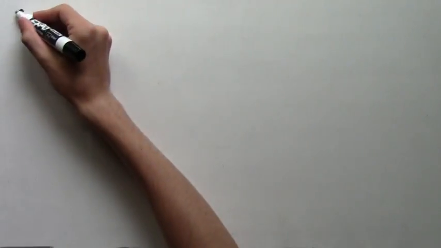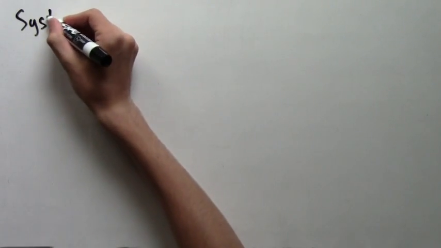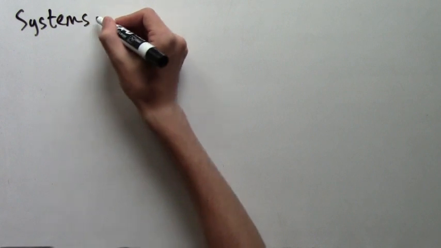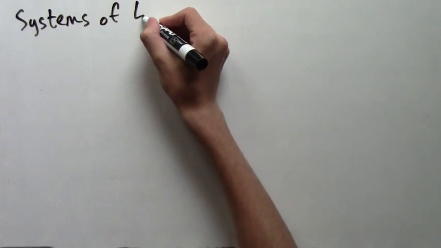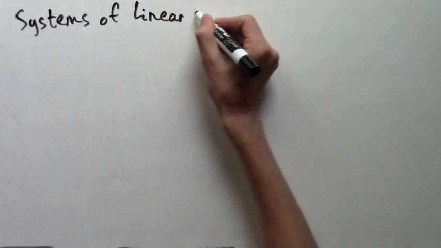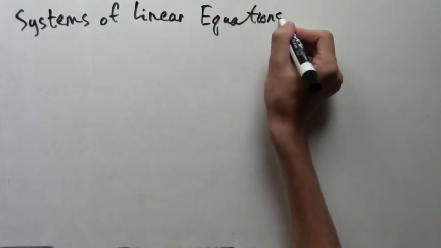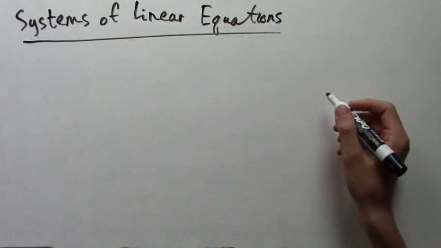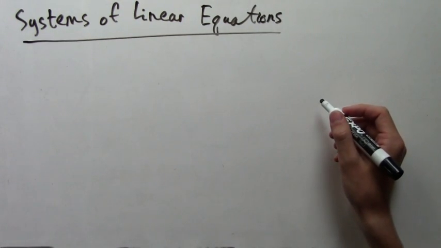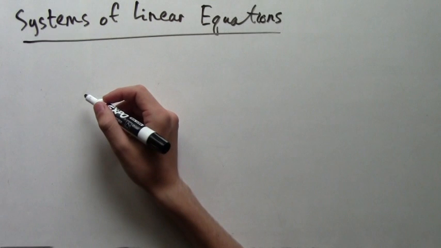In this video lesson, we will learn how to solve systems of linear equations using the elimination method. The two methods of solving systems of linear equations are the elimination method and the substitution method.